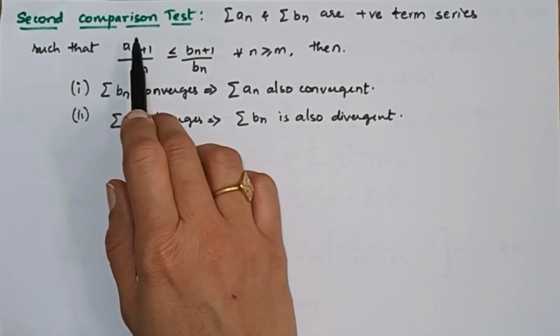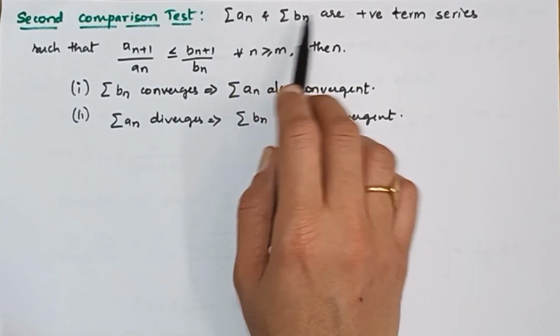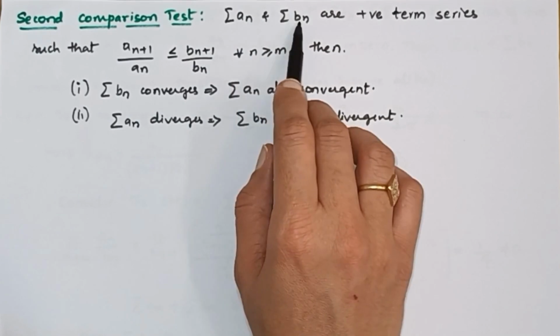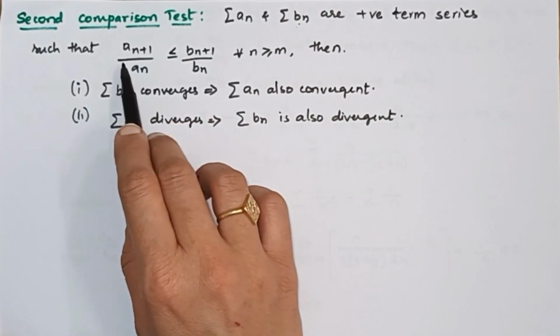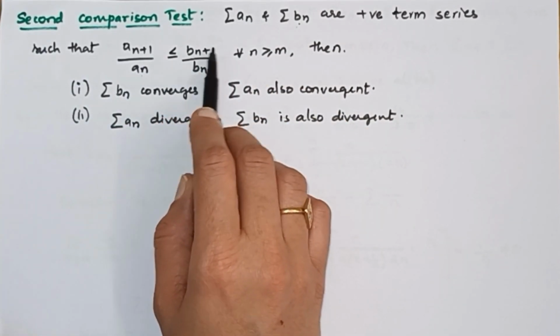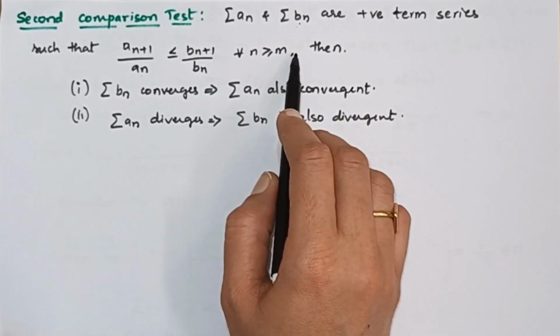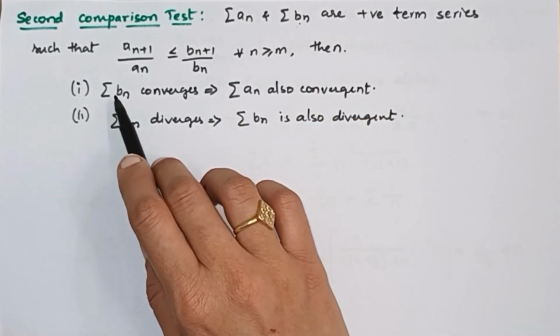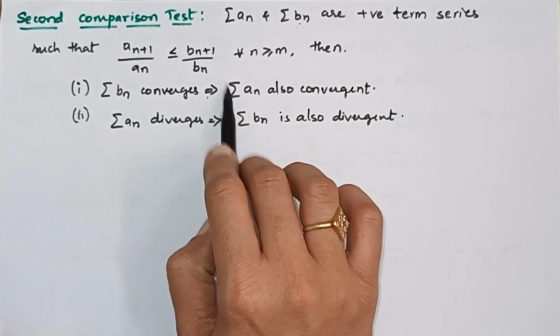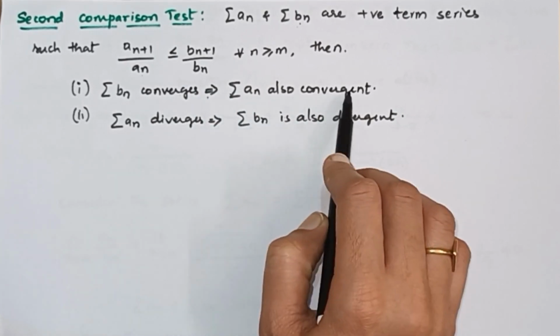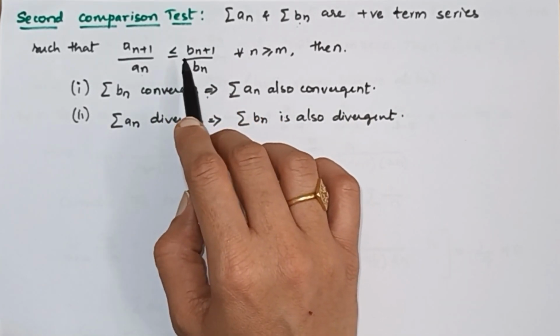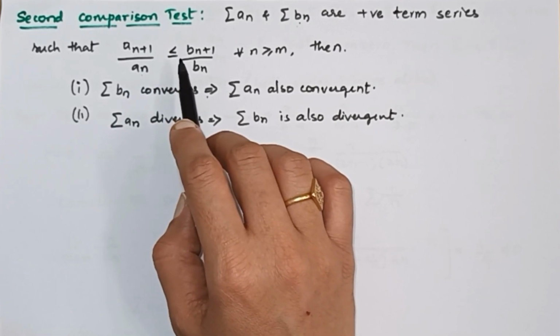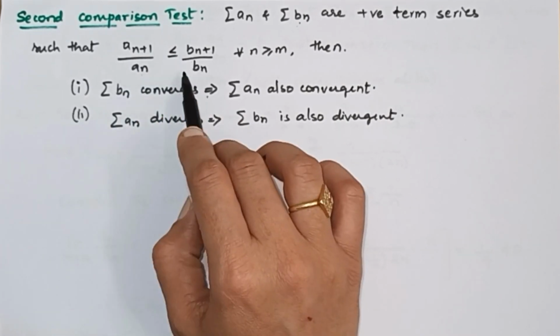Now, the second comparison test. Two positive term series are an and bn such that a(n+1) by an is less than or equal to b(n+1) by bn for all n greater than or equal to m. Then sigma bn converges implies sigma an is also convergent. Same as before, but there you had it in terms of multiples, here it is in terms of ratio.